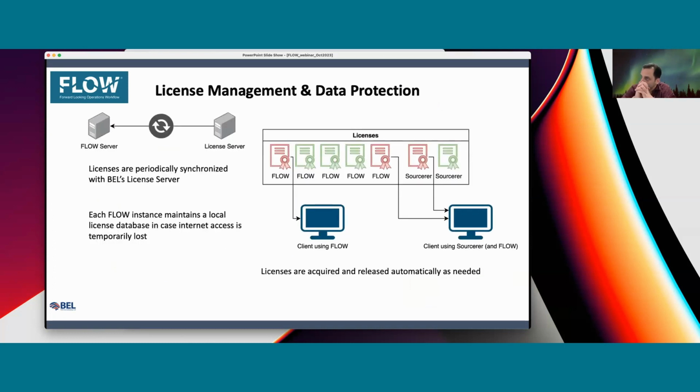So we have a subscription model to Flow, and once purchased, lab gets a number of flows, and if purchase Sorcerer, then it gets number of licenses for Sorcerer.